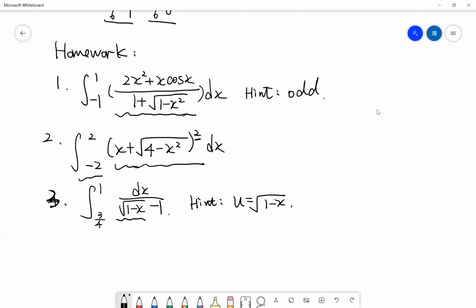So here are the hints for the 3 homework, and I don't think they are easy ones. So try to figure it out, or you can discuss with your classmates, or with me. Both are okay. Try to figure out how to use it to solve it.